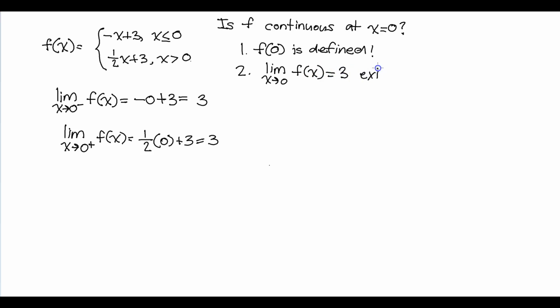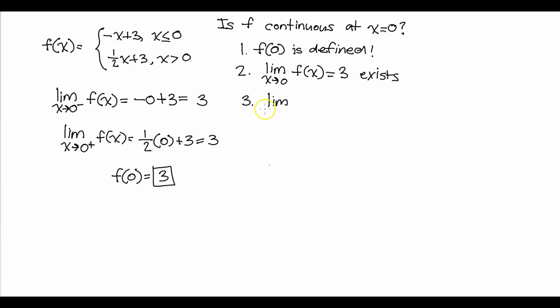So it exists. Our final condition is, is the limit equal to f of 0? Because remember that one instance, the limit exists, the function was defined, but the function was defined at a different value than the limit. So first we have to find f of 0. F of 0 is equal to negative 0, which is 0, plus 3 equals 3. So f of 0 is 3, the limit is also 3.